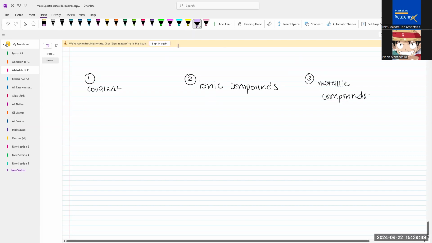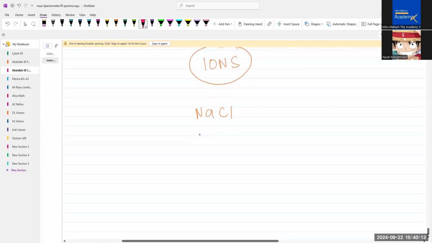Metallic compounds. So covalent, ionic, metallic. Now, how do we differ between these three compounds? Let's start with ionic. Ionic compounds, as the name suggests, are made up of ions, right? So if my molecule is NaCl, how do I know if it's an ionic compound?